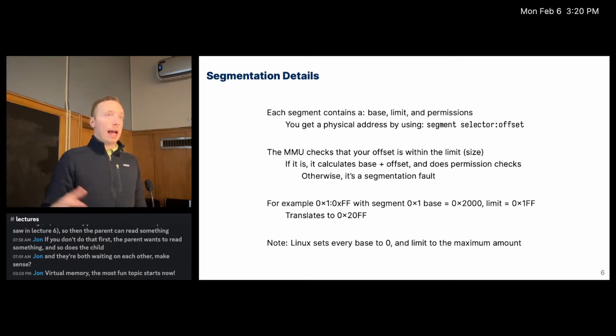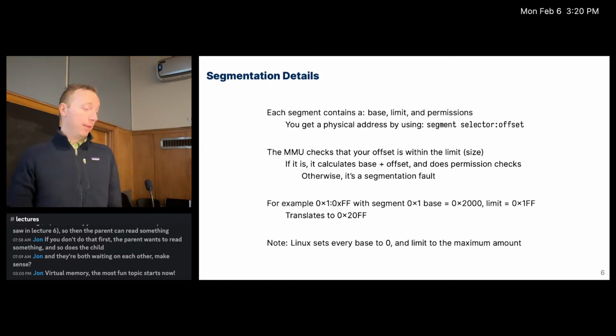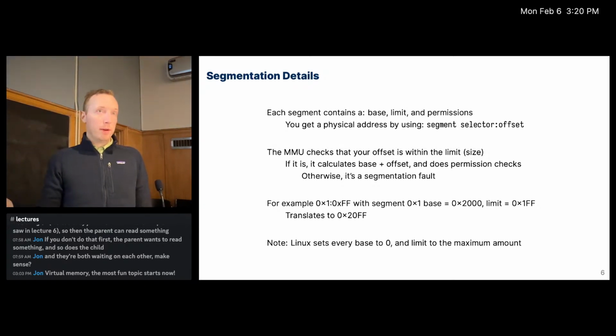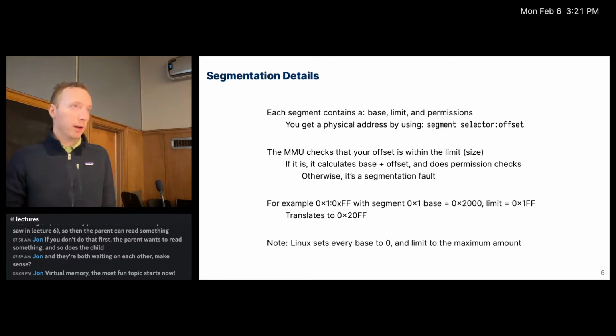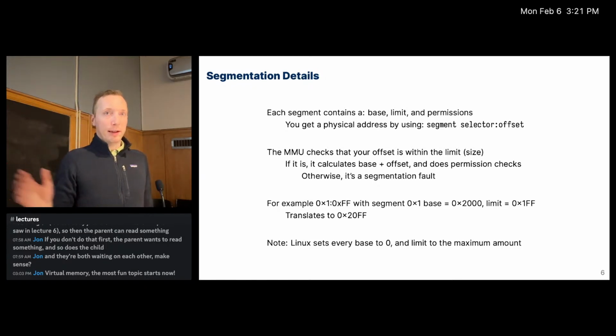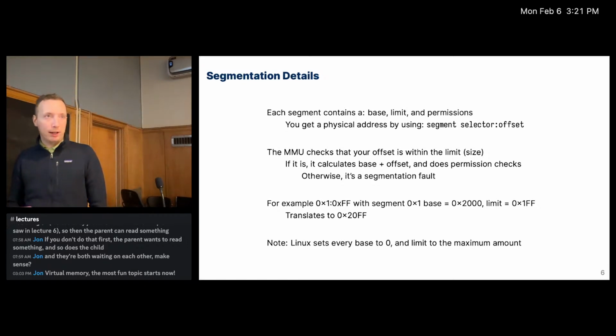And then it just adds a base address to that offset you give it, and that's your physical address. And you get a valid physical address if it passes the permission checks, depending on what you're doing as well. So if I'm trying to read from it or write to it, if it doesn't pass the size check or if it doesn't pass the permission check, well, that's the segmentation fault.